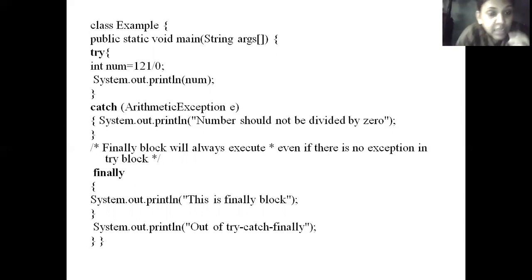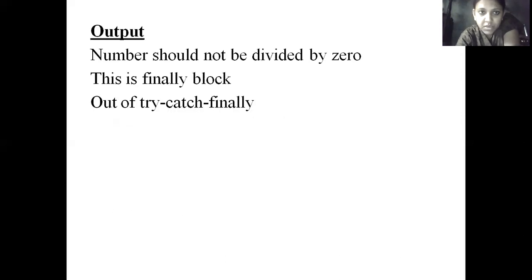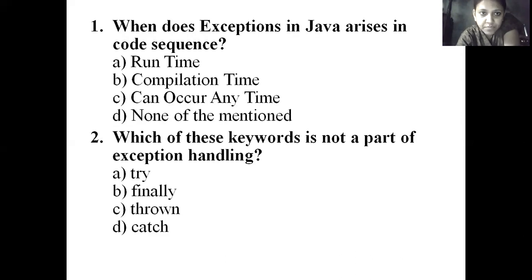But as the exception occurred in the num value, when we divided by 0, System.out.println num will not be printed. The other three lines, in the catch block, the finally block, and outside, will be printed. So here is your output.